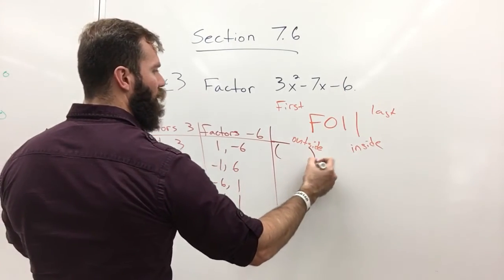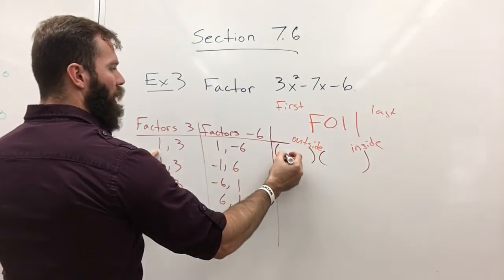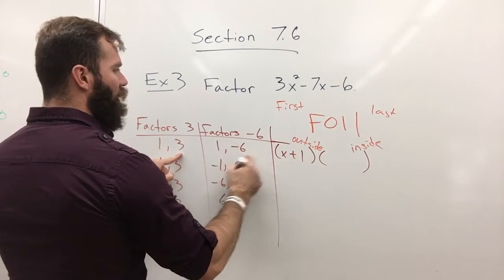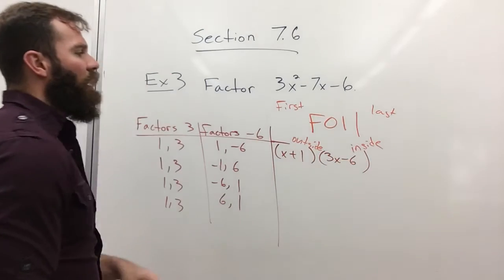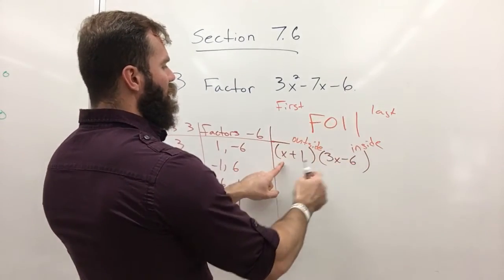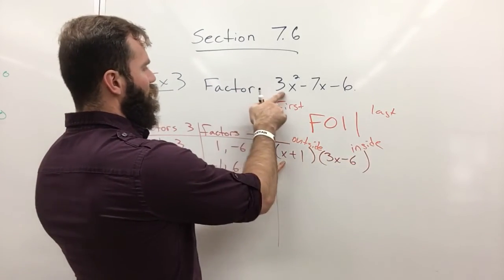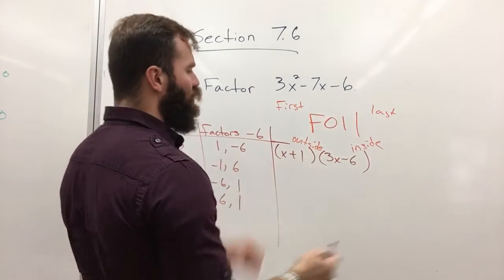Always start with your parentheses. Okay. 1 and 1, 1x plus 1. 3 and negative 6, 3x, negative 6. Okay. You can test the first and the last. First is x times 3x, that's 3x squared. The last, 1 times negative 6 is negative 6. Those work.